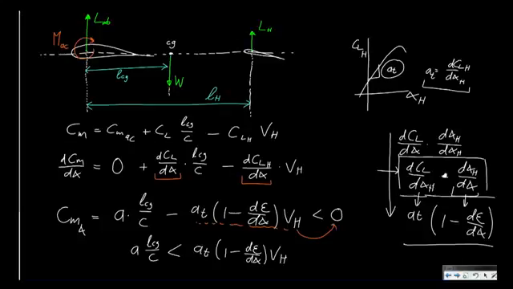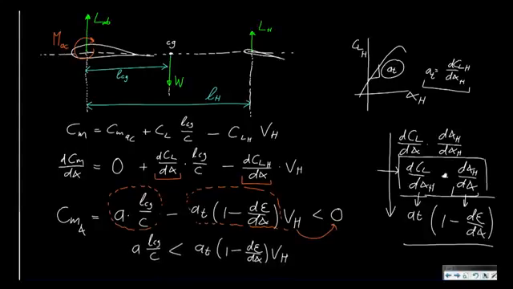You could also say that because they're all positive numbers, if this is smaller than this part, then the total result will be negative. And if we then divide by A on the left and right side, we get this equation.